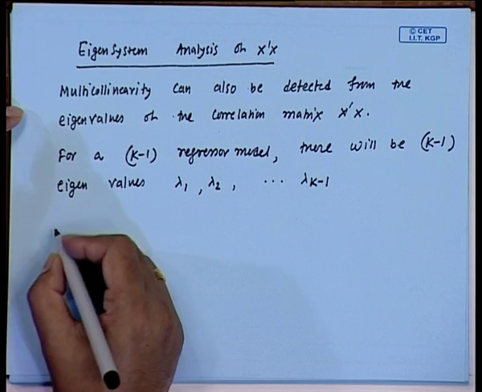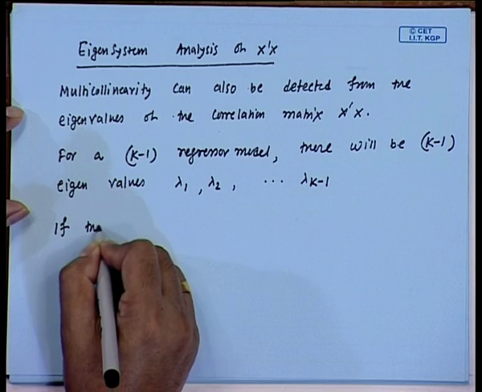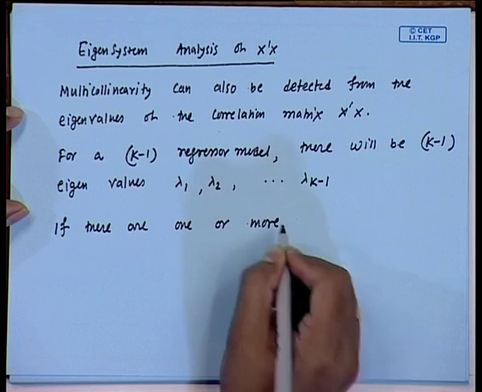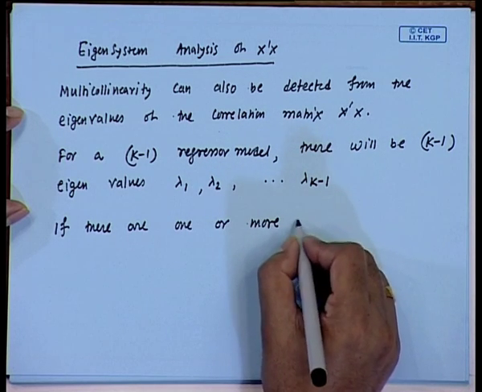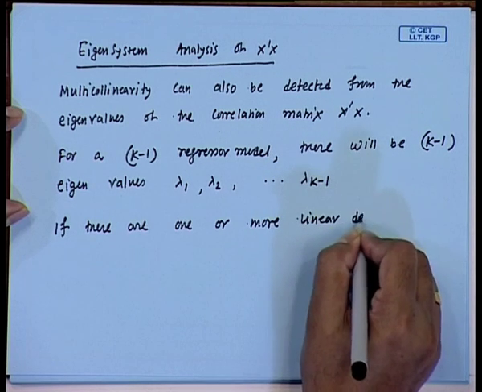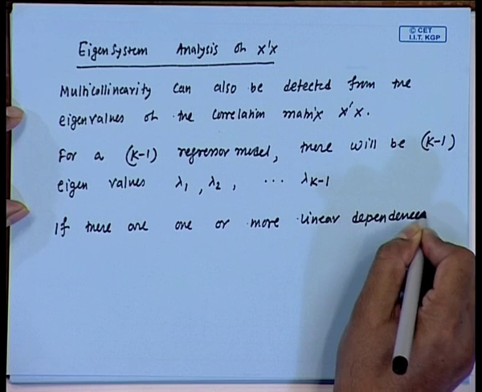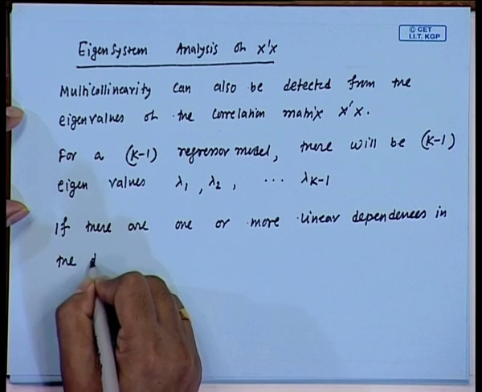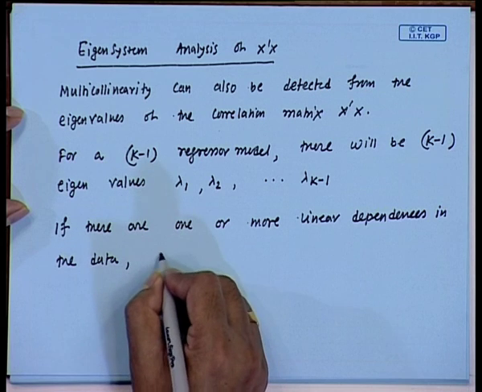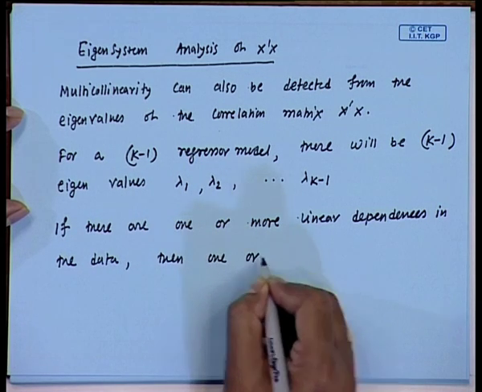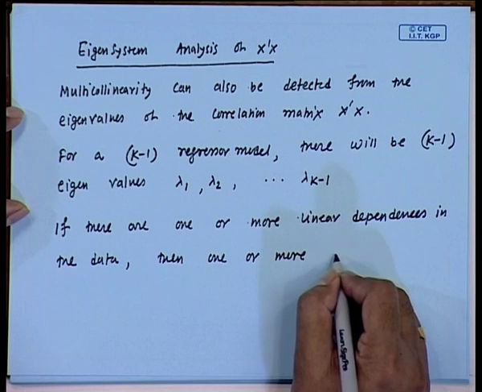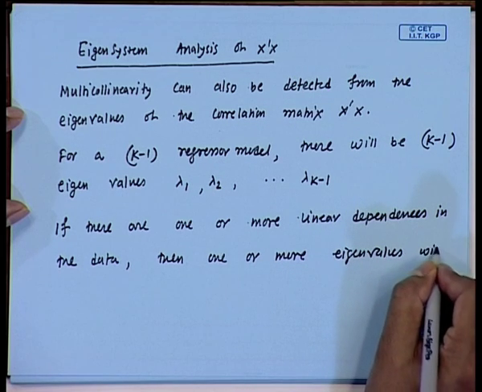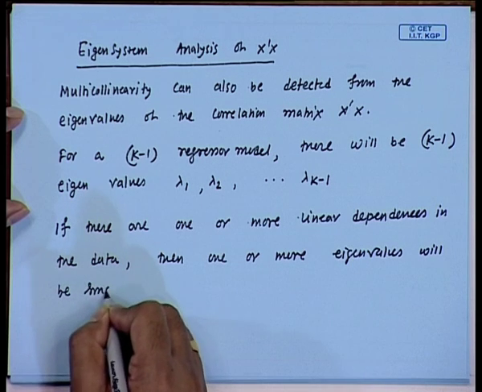So, now you know if there are one or more linear dependence in the data, then one or more eigenvalues will be small.